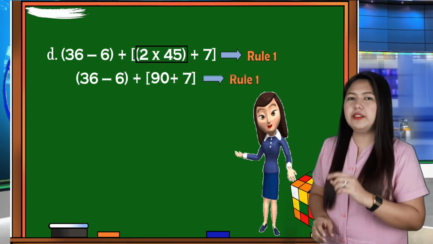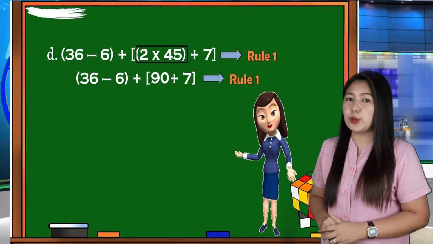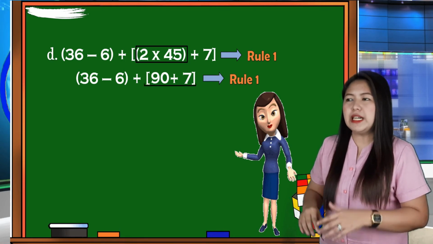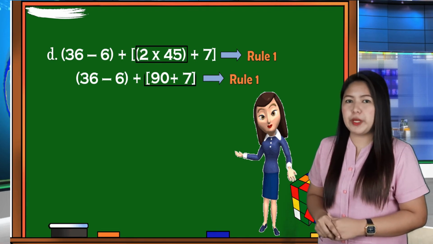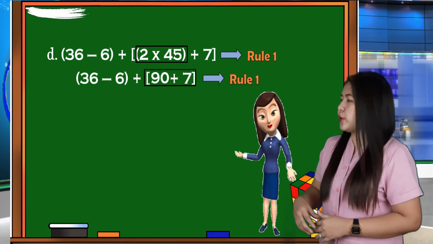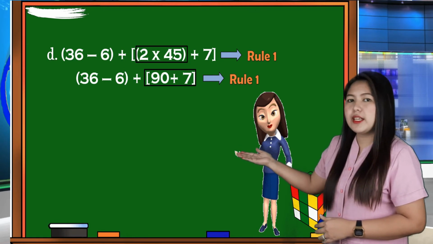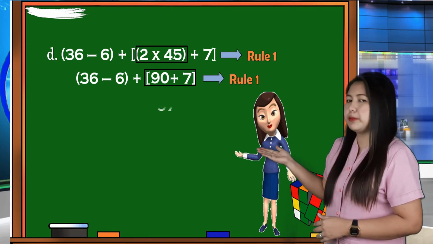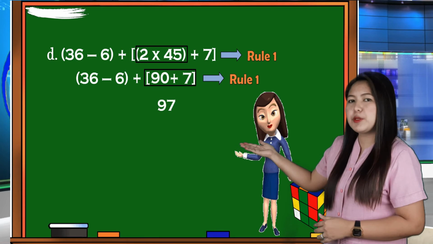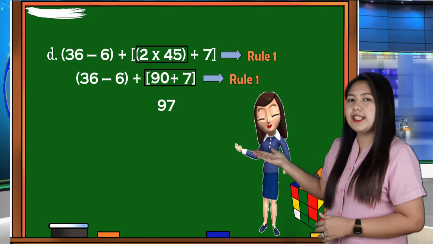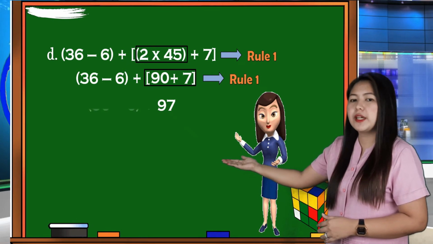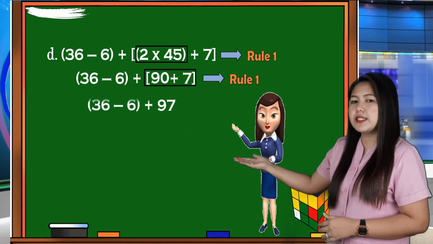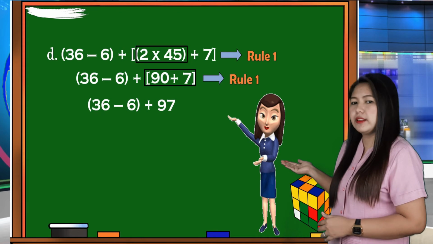Sa rule number 1, kailangan muna natin isolve yung nasa pinakainnermost ng parentheses or grouping. So, i-multiply muna natin si 2 and 45. So, 2 times 45 is 90. Bring down 36 minus 6 plus 7.